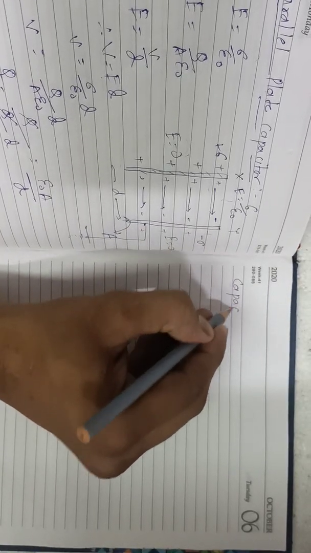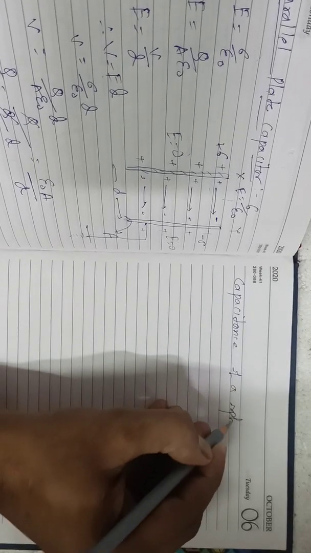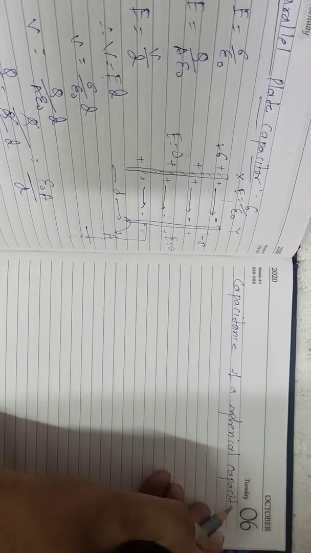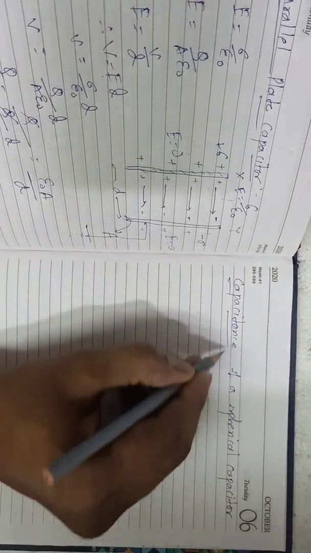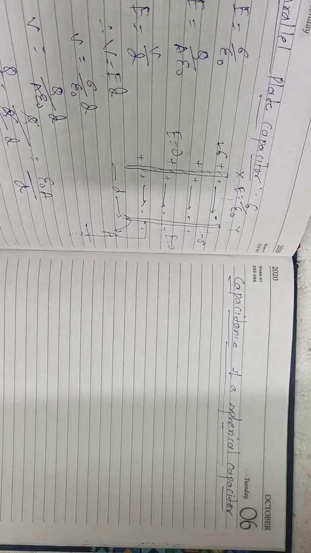So the capacitance of a spherical capacitor is not included directly in the CBSE syllabus, so we will not derive it in detail, but yes, we will see the diagram and the final answer.